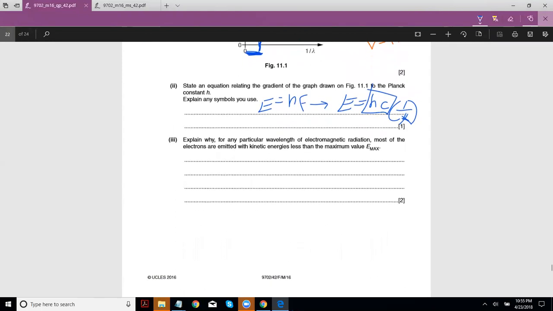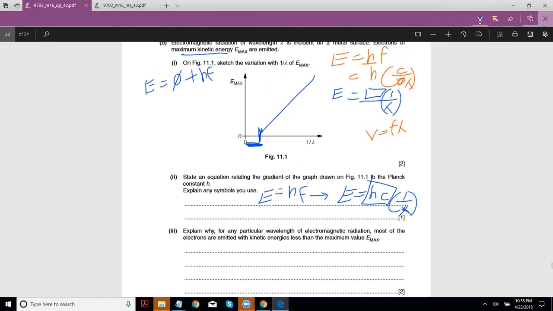Explain why, for any particular wavelength of electromagnetic radiation, most of the electrons are emitted with kinetic energies less than the maximum value E max.